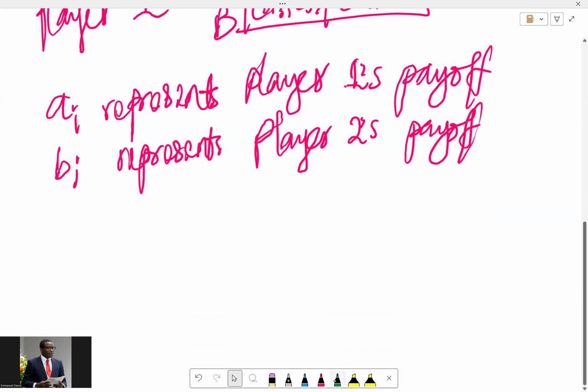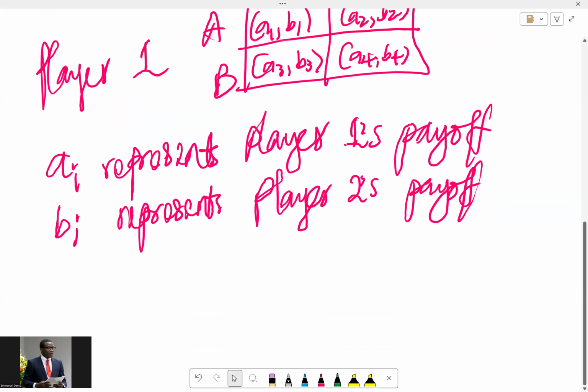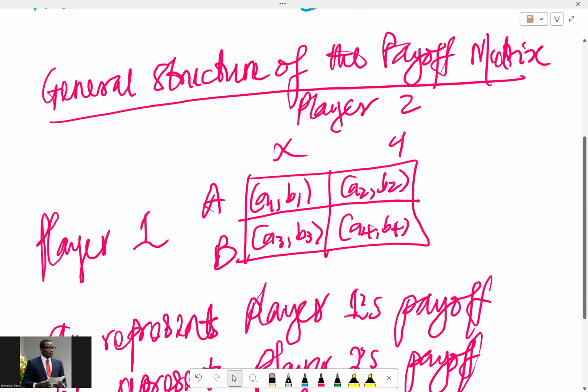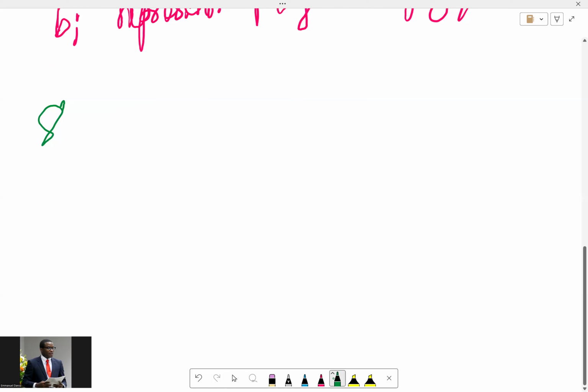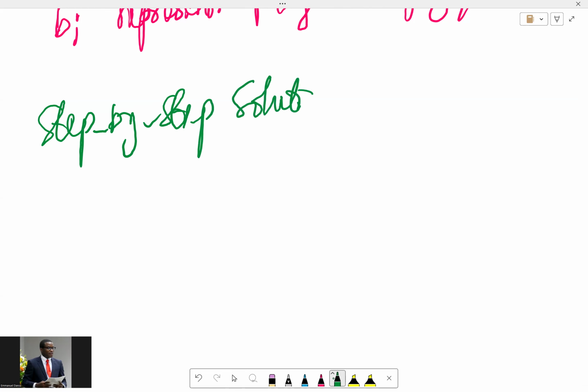And to solve this, the step-by-step solution, first of all, you identify the strategies.